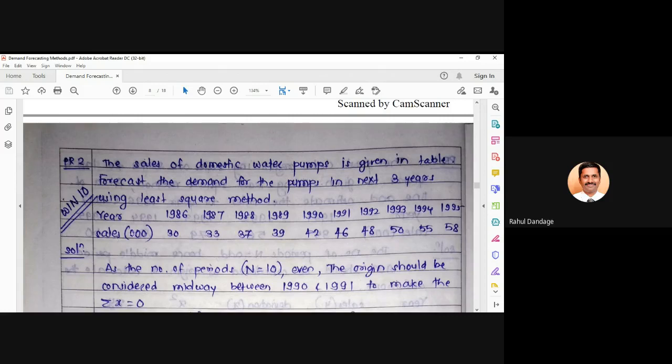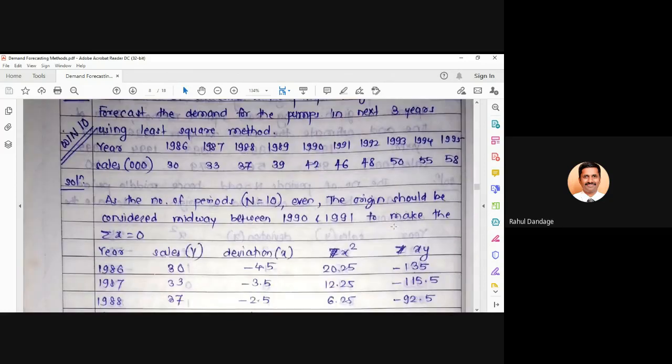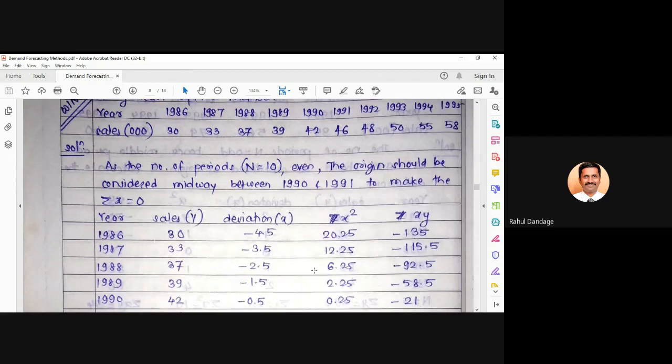And the values of sales again in terms of 1000 are 30, 33, 37, 39, 42, 46, 48, 50, 55, 58. Now, as we have discussed earlier, whenever we have an even number of periods, we have to identify the two middle periods and take the midway of them as the origin to get summation x equal to 0.